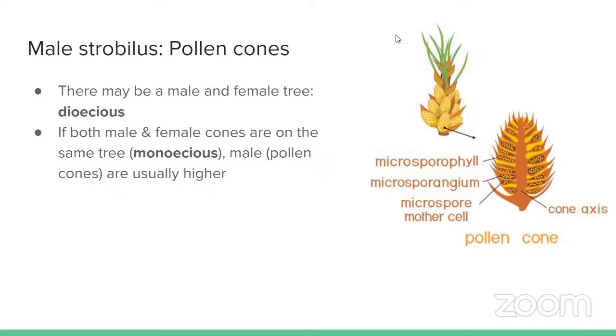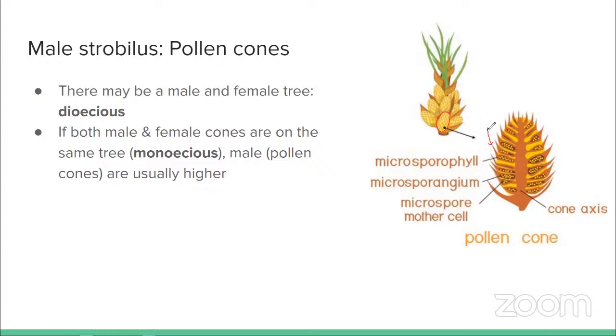So here on the right, check my right from left, we see the pollen cone. The pollen cone is going to look like this. And if we see them out in the wild, we're going to feel that they often feel kind of soft, right? They don't feel like your typical pine cone. You might not even think of them as a cone at all. You might think they look kind of like a flower. Okay? But if we cut them in half, we're going to see we have these modified leaves, these bracts or scales.